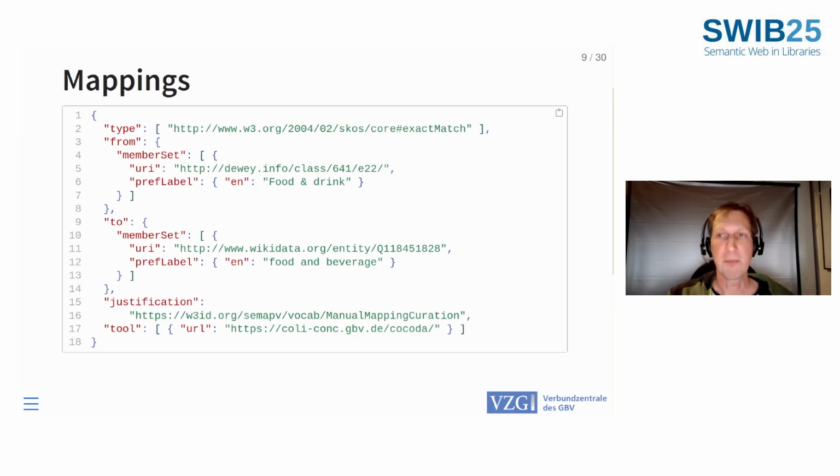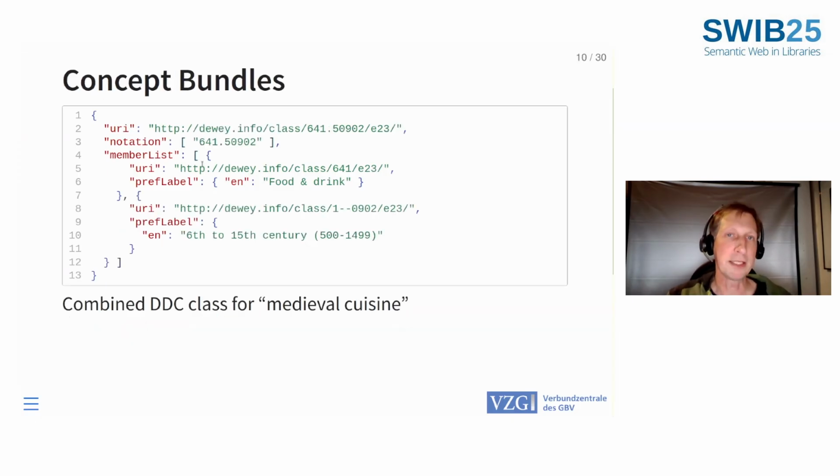Okay, so concepts and mappings, and another interesting feature of the format are concept bundles. These are combinations of concepts. In this example, in the DDC classification, there are combined concepts. So there is one class with a very long number, and this class is composed of this core class food and drink we have seen before.